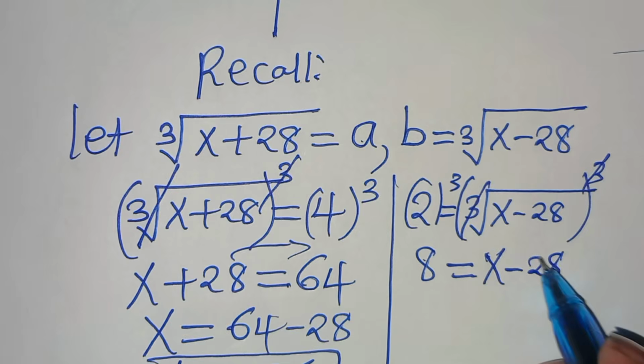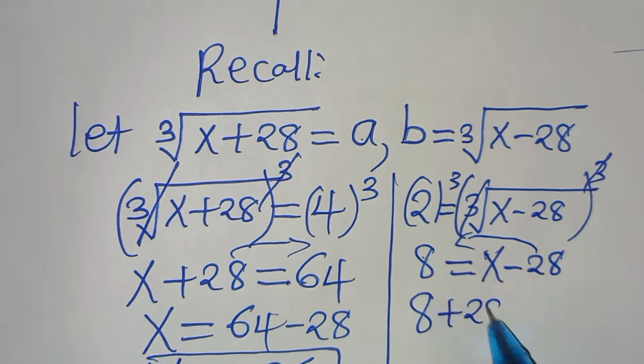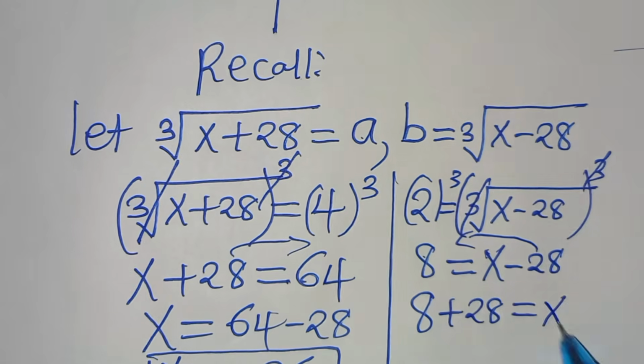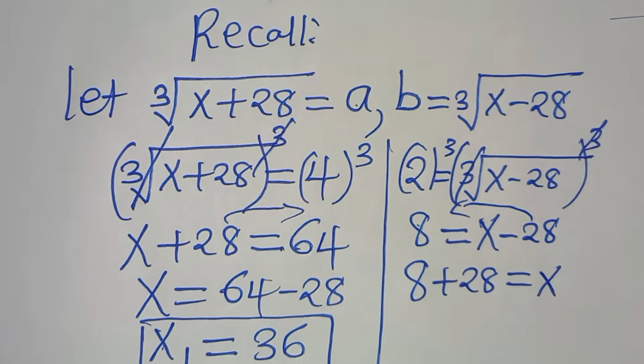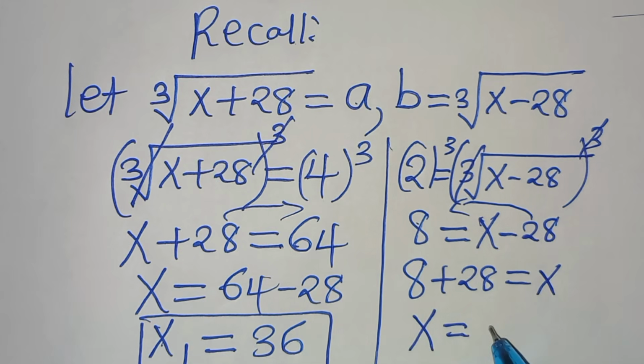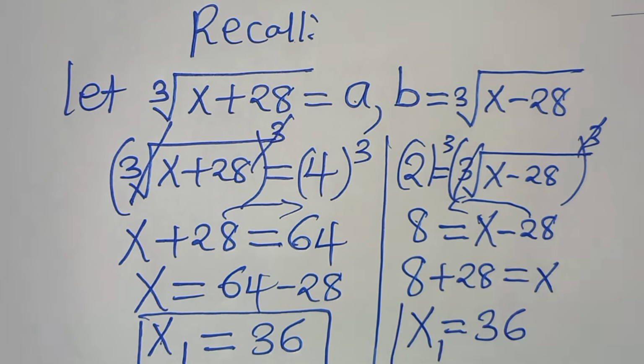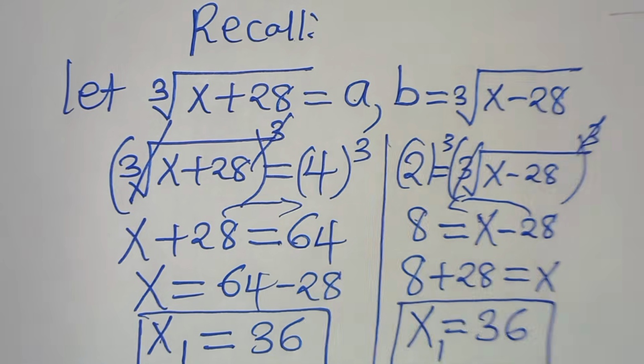Now let's take minus 28 to the left hand side, so that we have 8 plus 28 equal to x. And this means that x is equal to 28 plus 8, which is equal to 36. This is x1.